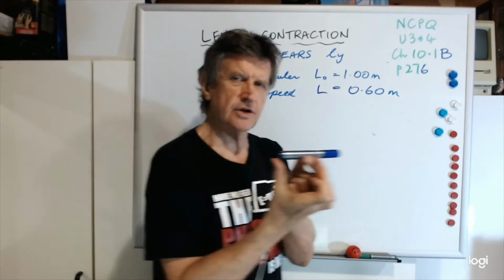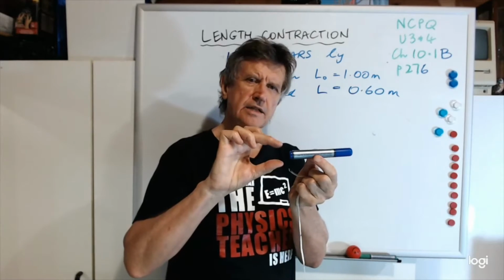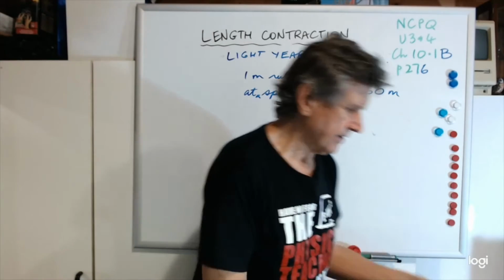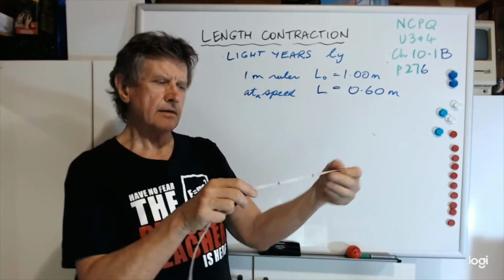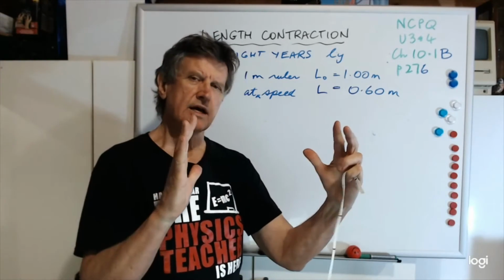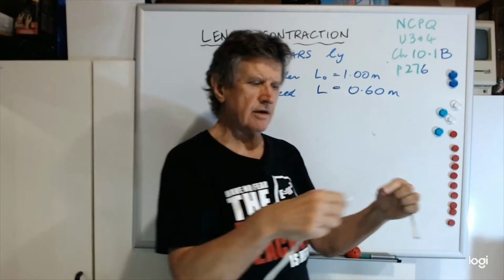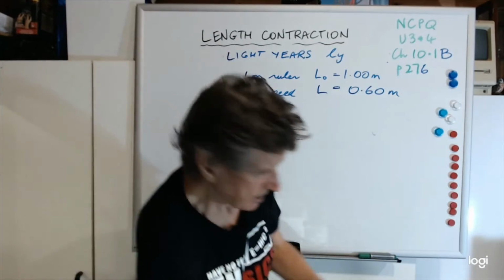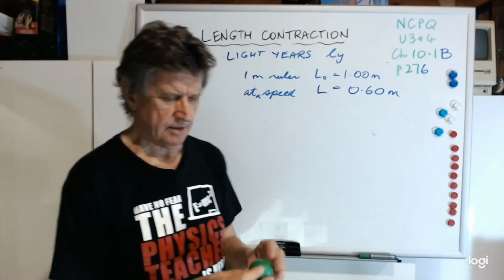That's the direction it's travelling, but it wouldn't contract in terms of its height or its width. So this piece of tape gets shorter in that horizontal direction because it's travelling that way, but it doesn't get shorter the other way. Look, you could probably show that with a ball.